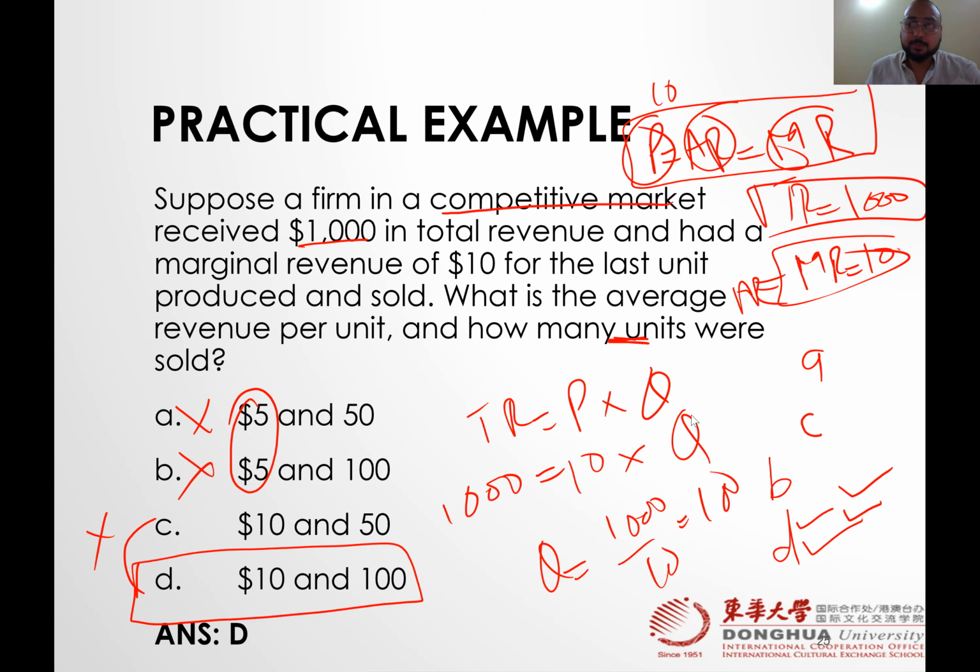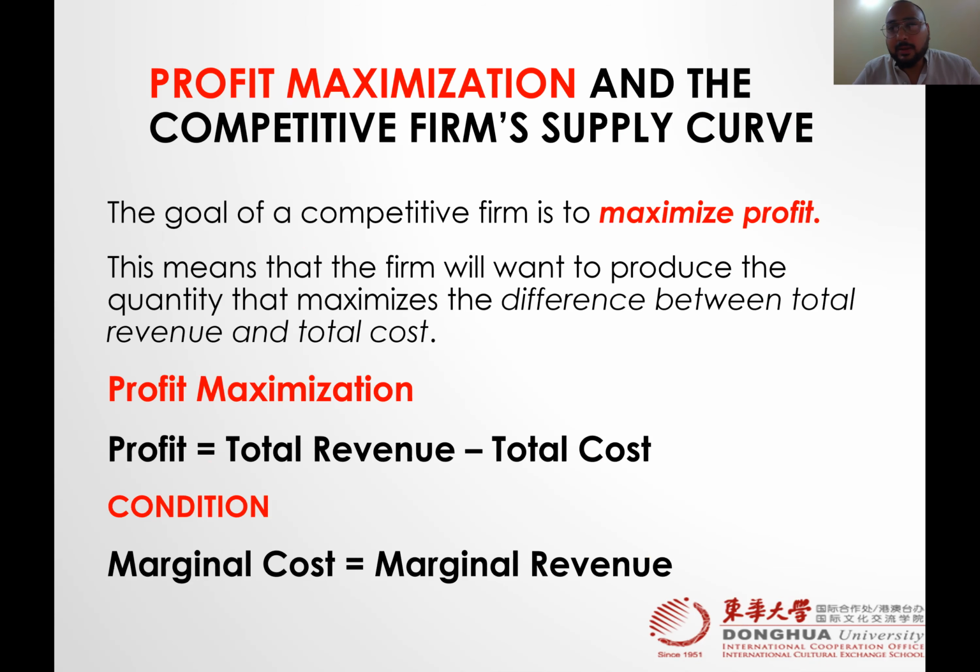And now the biggest challenge, please guys, pay your 110% attention here. It's a very small concept, but it has a very powerful implication. So profit maximization and competitive firm's supply curve. The name looks very fancy, but the idea is very simple here. So we know that the goal of the firm is to maximize its profit.